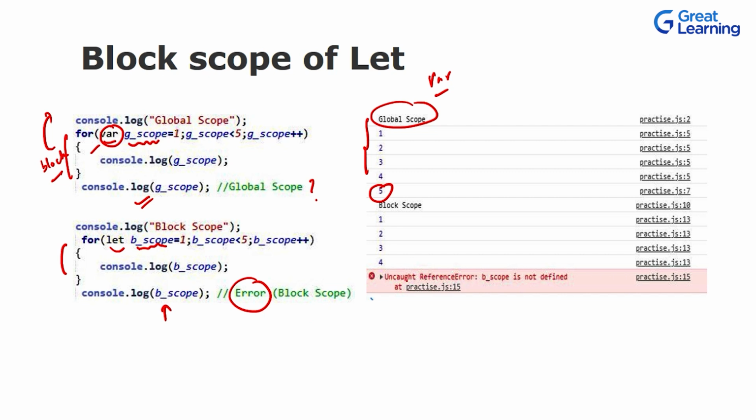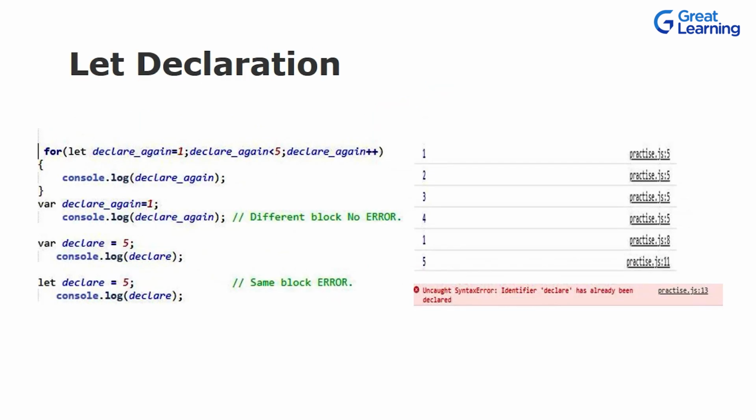It said uncaught ReferenceError: bscope is not defined, which is self-explanatory because it was defined in this block. So this was the problem associated with the var keyword, and we introduced the keyword known as let. What else?